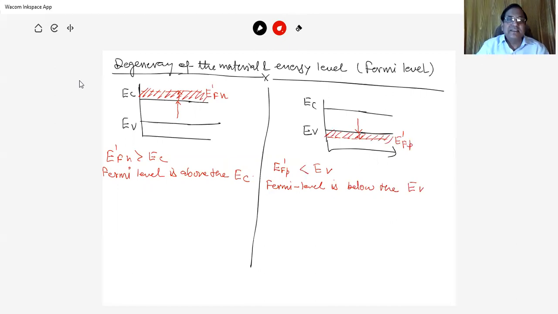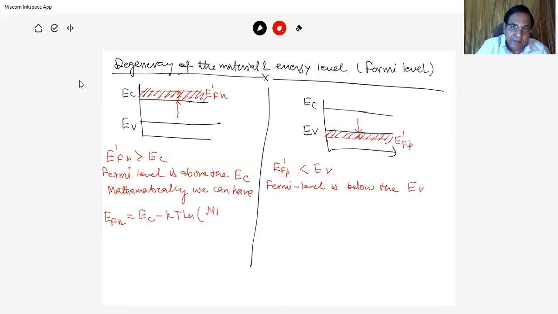These are known as degenerate cases. How is it possible? Mathematically, if we see, EFN is EC minus KT ln ND upon NN.